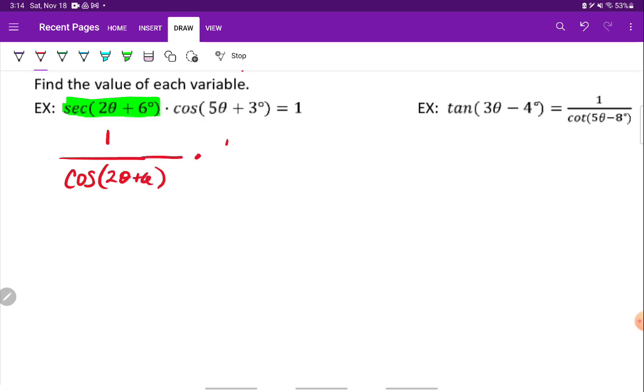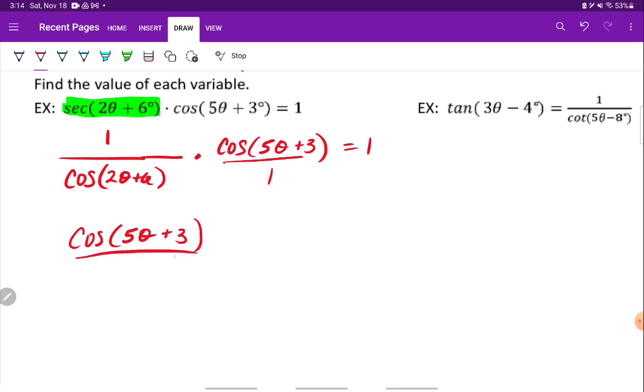And then that's still times cosine of 5 theta plus 3 equal to 1. And I'm going to put that over 1 and multiply straight across. This will give us cosine of 5 theta plus 3 over cosine of 2 theta plus 6 equal to 1.